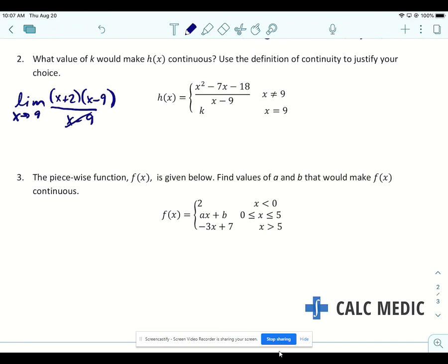Now the x minus 9s will cancel, so then I can plug 9 in for the x, and I get that the limit as x approaches 9 is 11. So for this to be continuous, we would need h of 9 to equal 11. And the way for that to happen is for k to be 11.